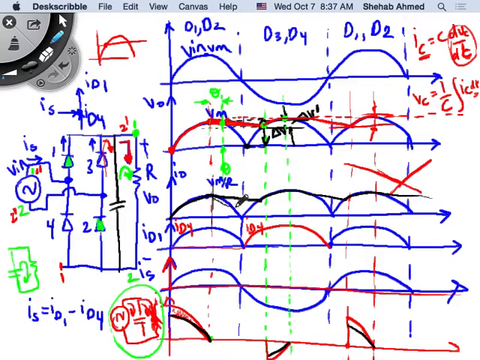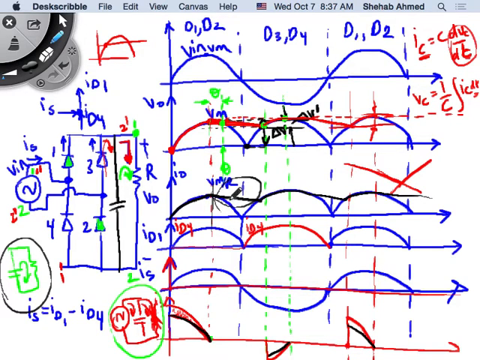So now what's happening? There is load current, right? Where is this current coming from? Exactly, from the capacitor, right? So that means that I have still something missing in the capacitor waveform. It cannot be zero, like the supply current, right? So what does the capacitor current waveform look like?